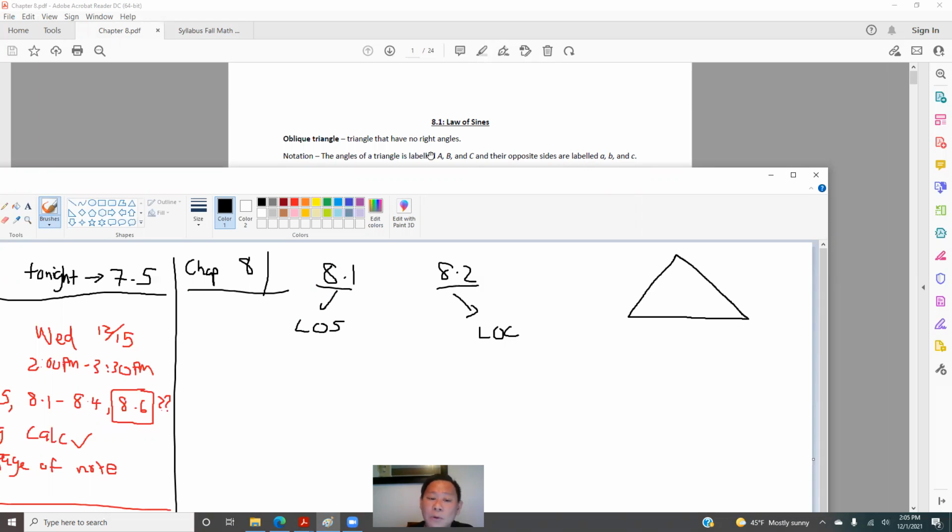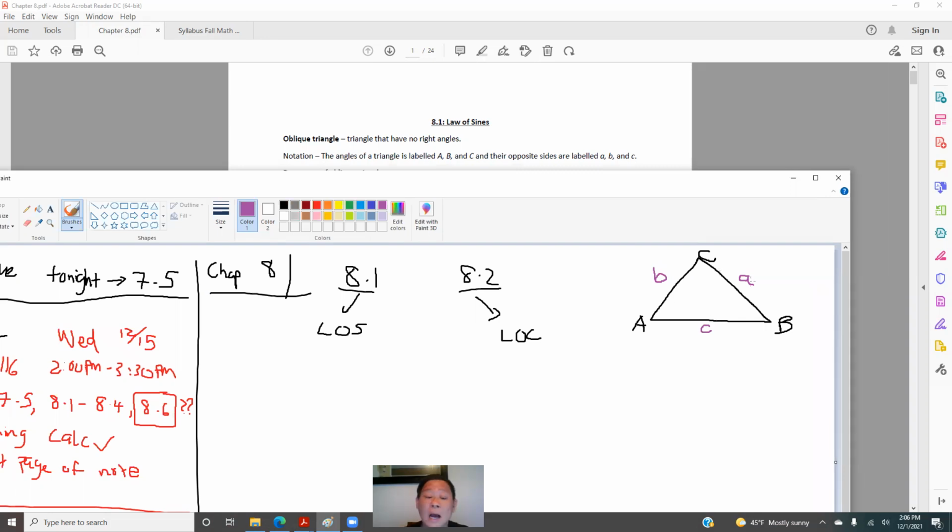When you label your angles, the side has to be opposite the angle. For example, if you label angle A, angle B, and angle C, the one across from angle A is side a, then side b, and side c. So this is how you label it. Make sure you know this. If you label wrongly, again, everything is wrong.